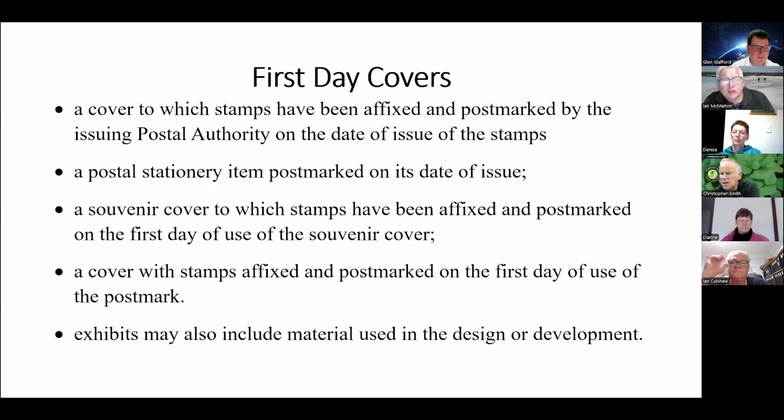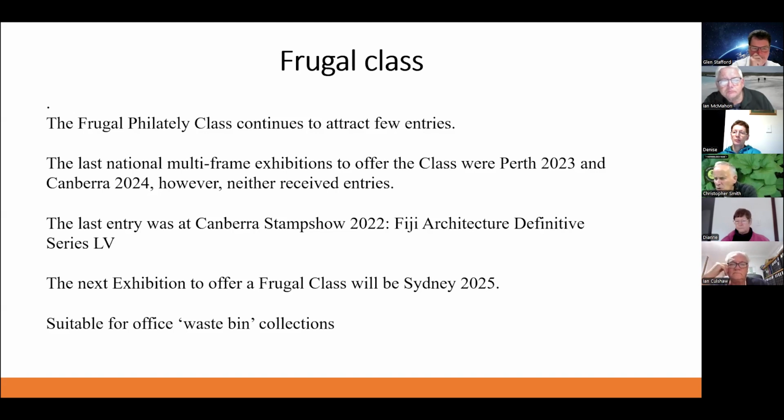One question, Ian. Yes. So it's Frugal. Is it still under a specific class like postal history or traditional in the treatment of it? So, as I said, the entries in the class can be in any of the other classes except for literature or youth. So if you enter postal history, then it's judged as postal history.